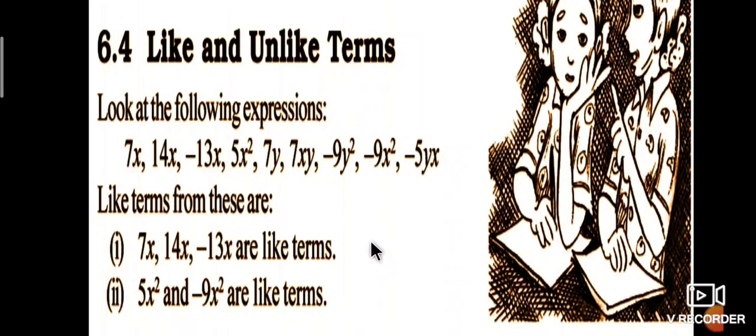Observe this one. What are like terms? Observe the examples: 7x, 14x, minus 13x. In all of these, the variables are the same. In the second example, the variable is x square in both.